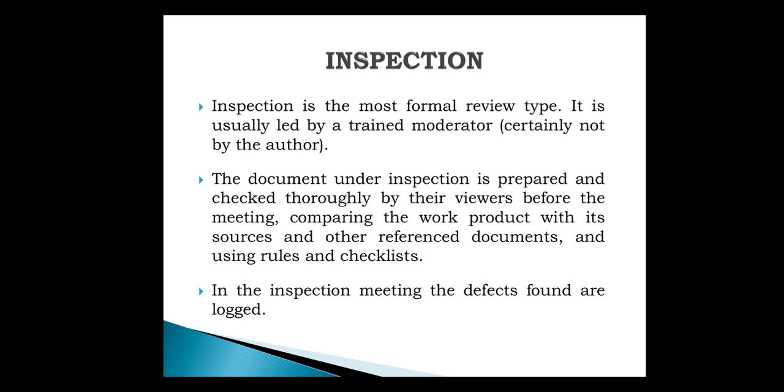In the inspection meeting, the defects found are logged. So you need to log the defects, and according to the defect list, you need to make changes in your application. So it is also an important part of formal technical review.